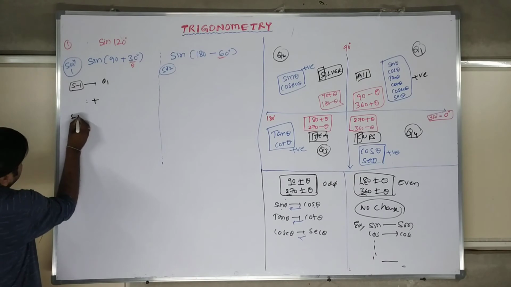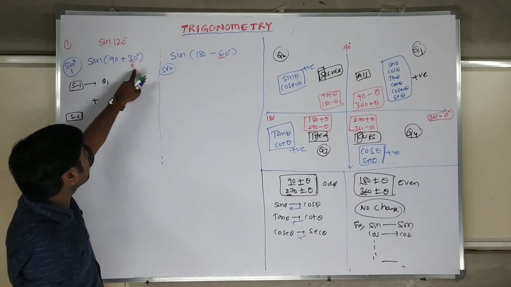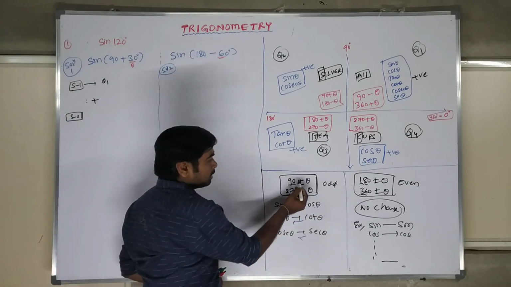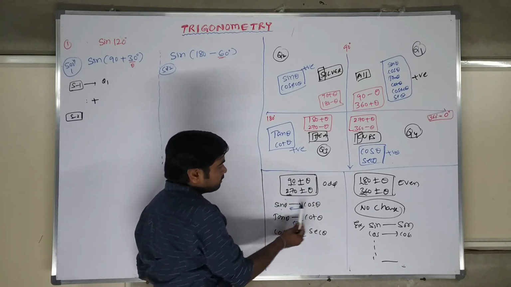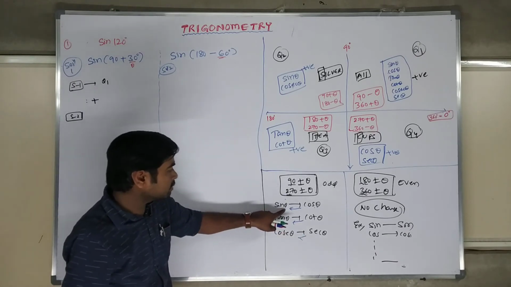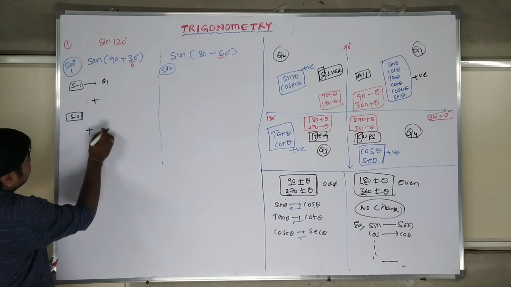Step number 2: does 90 plus theta come under here or here? Here, 90 plus or minus. Having 90 plus theta, please change: sin means cos, tan means cot. This interchange takes place. We have sin, so write cos. The answer is positive from step 1.